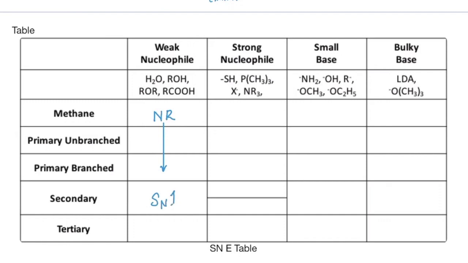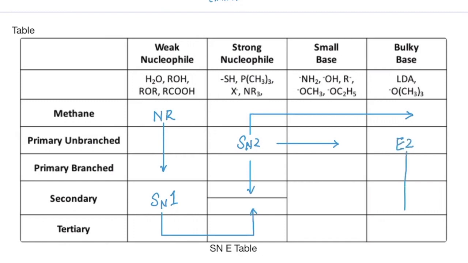SN1 here, SN2, SN2, SN2, E2, E2. So I don't have to memorize the whole table. I just need to remember where their position is.